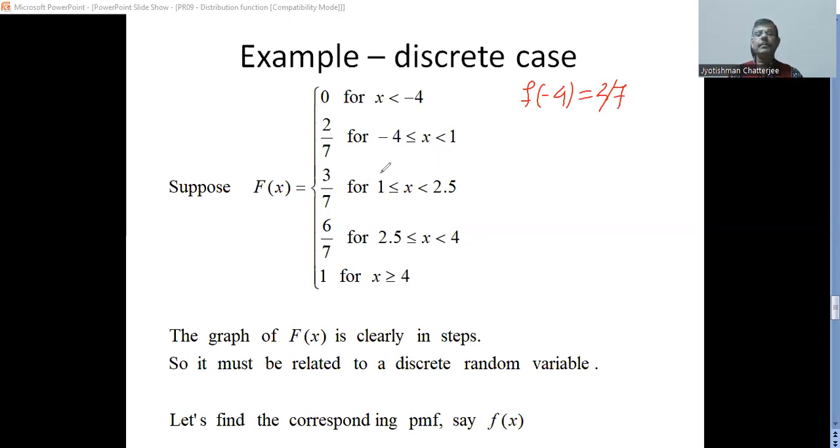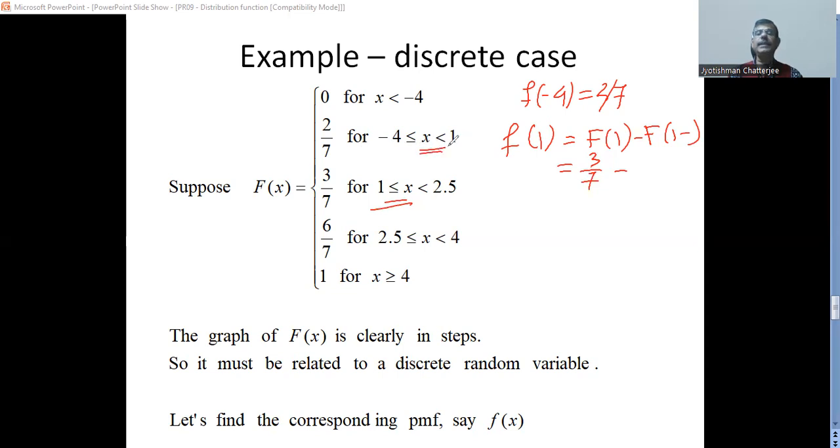What are the other things? F of 1 minus, sorry, f of 1 is given by this, and f of 1 minus is given by this range.